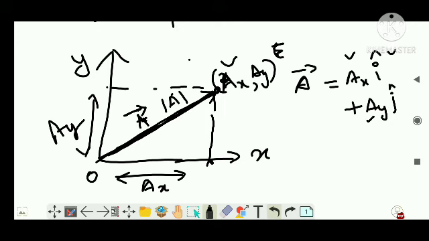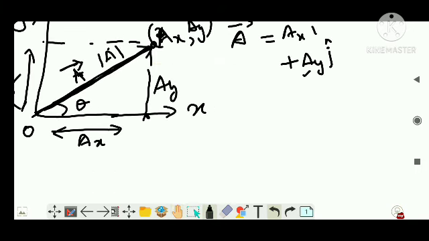Clear? Now let us consider this triangle and let us consider this angle is theta, right? So this value is Ay and this value is Ax. So what is sine theta, guys? Sine theta is Ay divided by this length, which is the magnitude of this vector, so A, right? Similarly, what is cos theta?